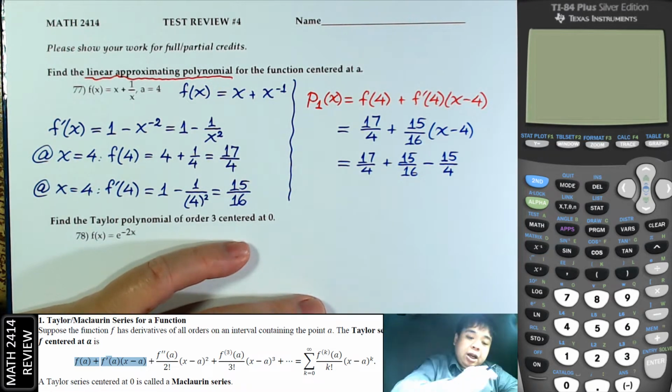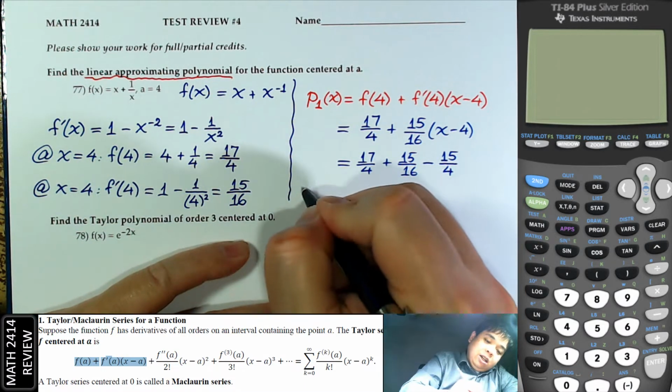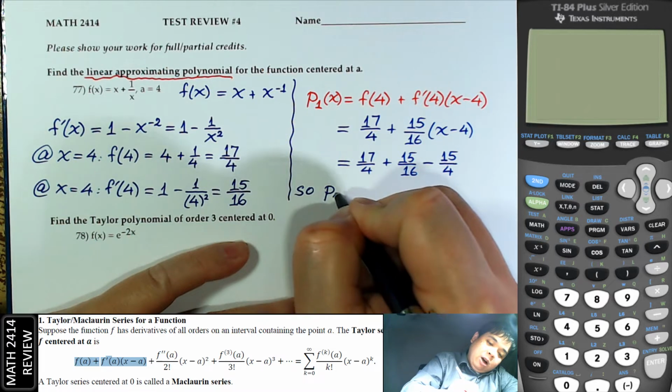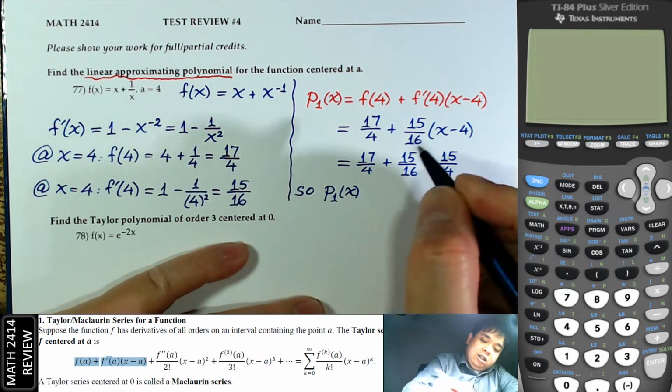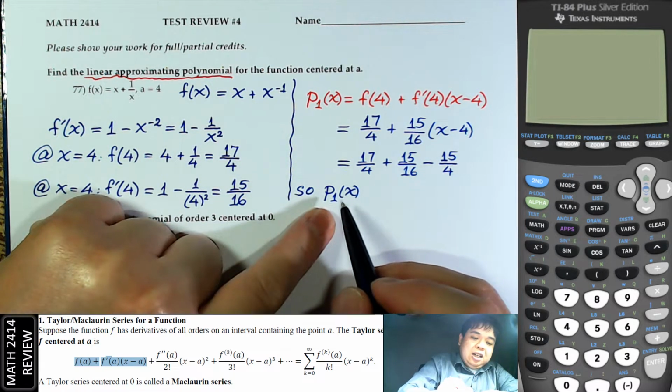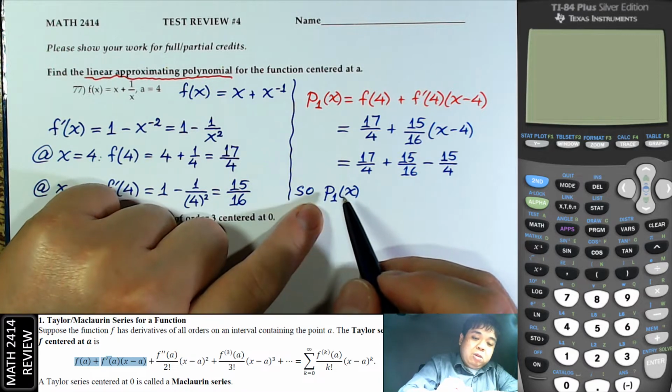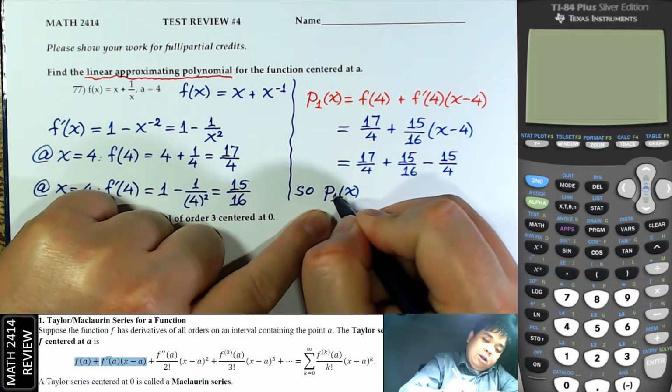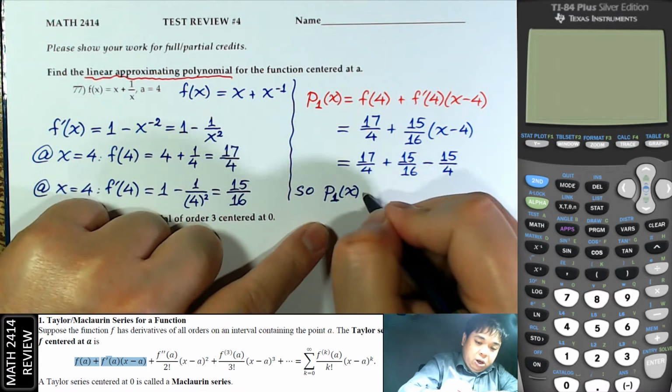Right, and 17 over 4 minus 15 over 4, that is 2 over 4, which is 1/2. So we have P1 of x, the linear polynomial that approximates the function. The 1 here denotes the degree is 1.